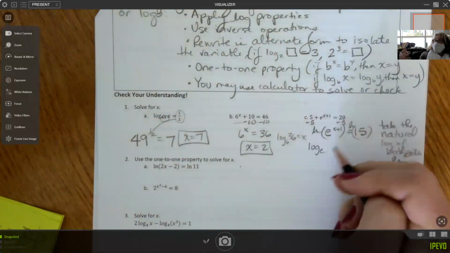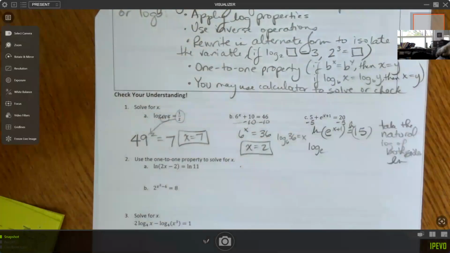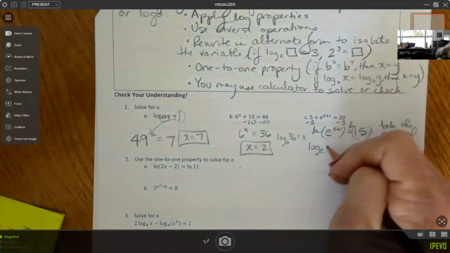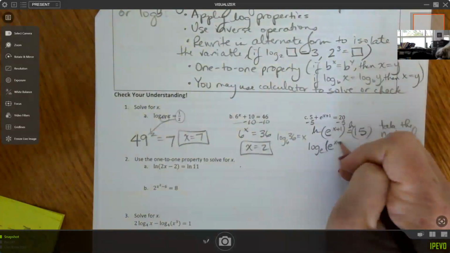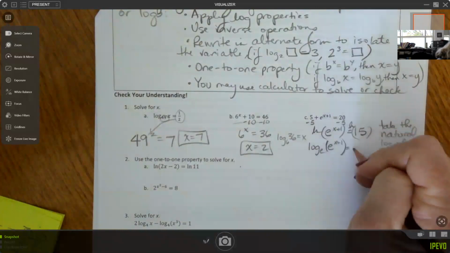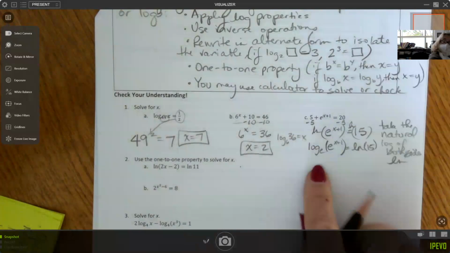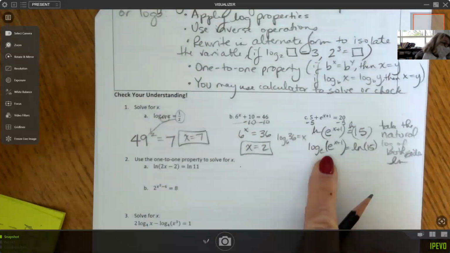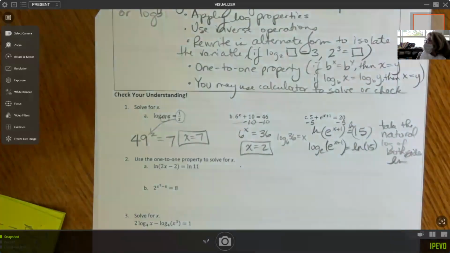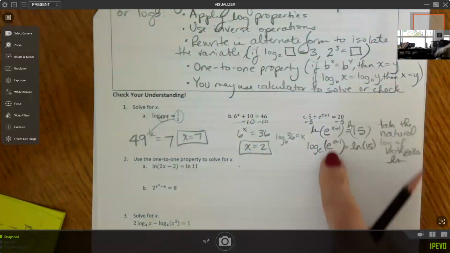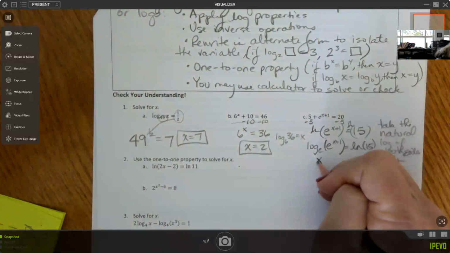That is interchangeable, ln, log base e. But again, you don't have to. I think it makes it kind of easier to see if you're not sure what's happening here. I get to take the x plus 1, right? This side is just going to be x plus 1.